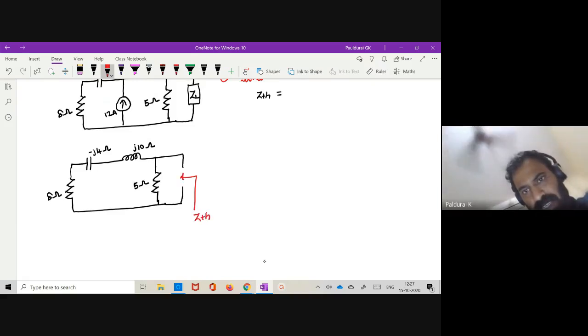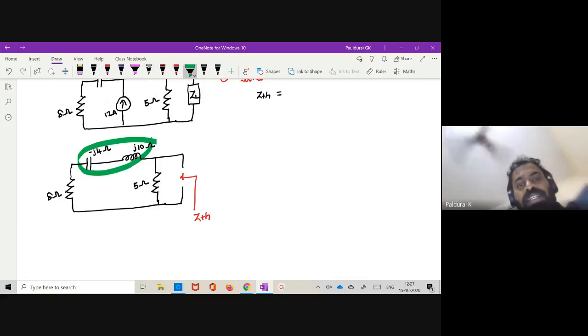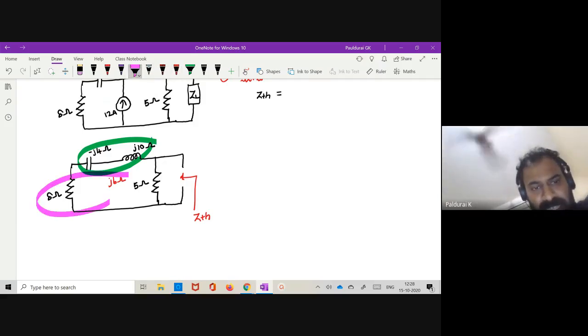Now this is my ZTH. How are these two connected? Any idea? Series, sir. So minus J4 plus J10 will give you J6 ohm. Now how are this J6 and 8 connected? Series, sir. So it becomes 8 plus J6.